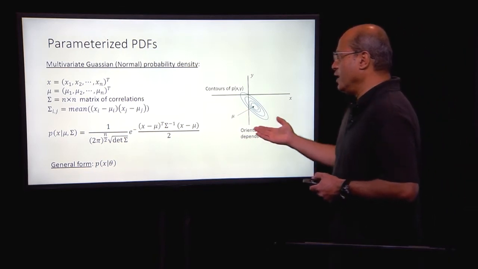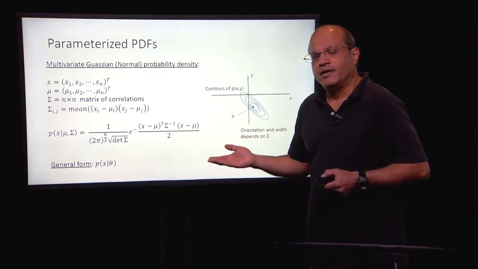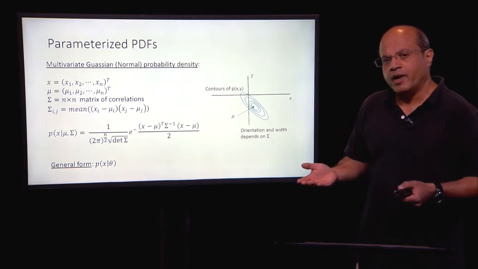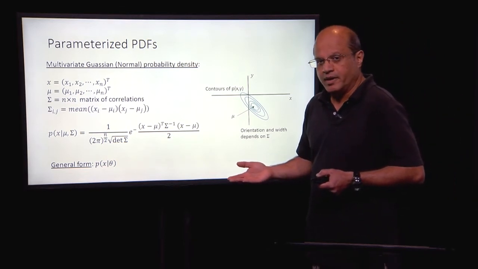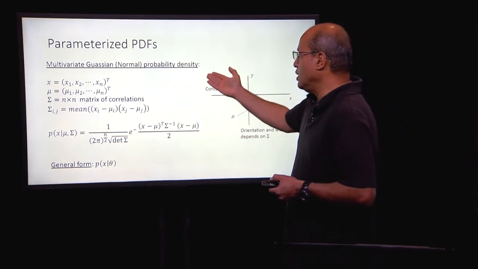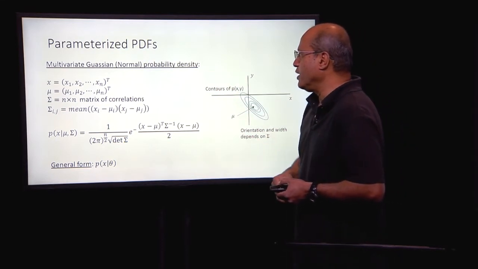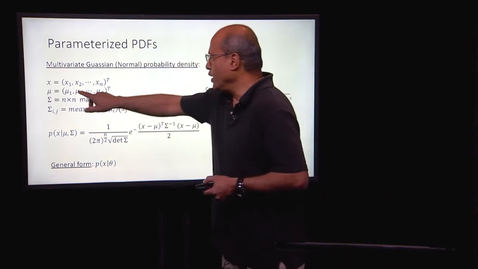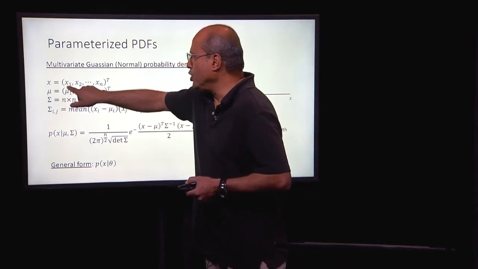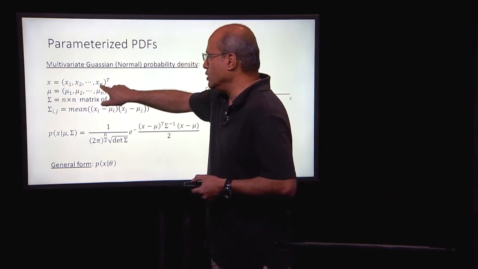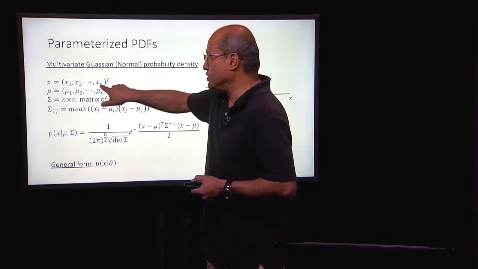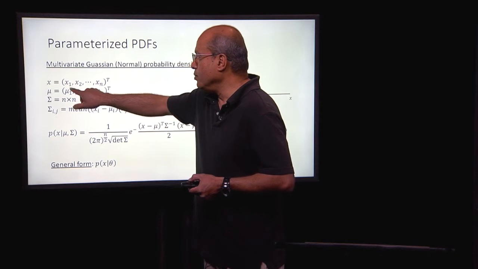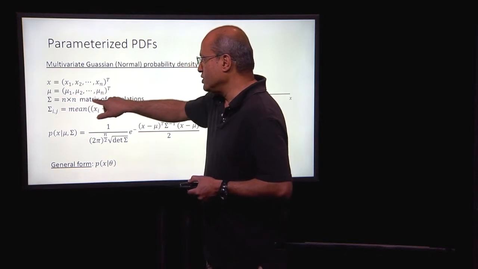And of course, again, just as in the scalar case, we can now think of parametric families of multivariate probability density functions. Again, the most popular one is the multivariate Gaussian, where if you take x to be your multivariate random variable consisting of n scalar variables, x1 through xn, then mu is the mean of each of these variables.